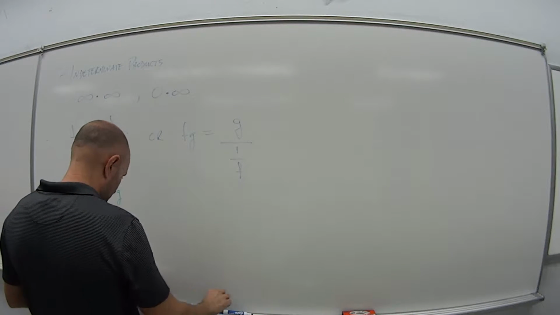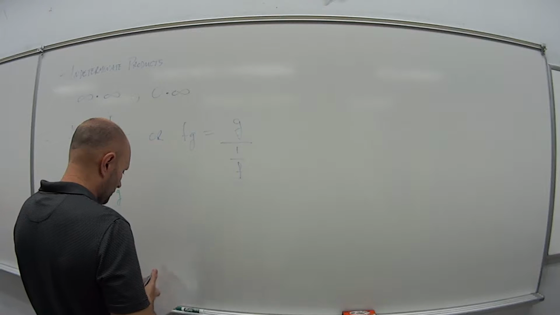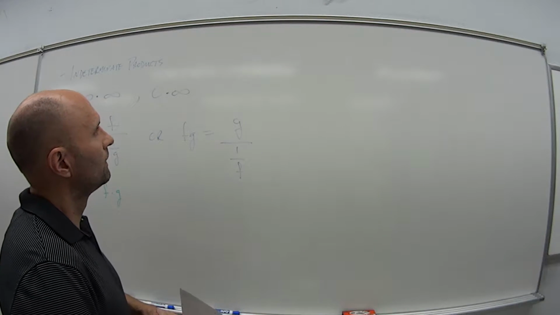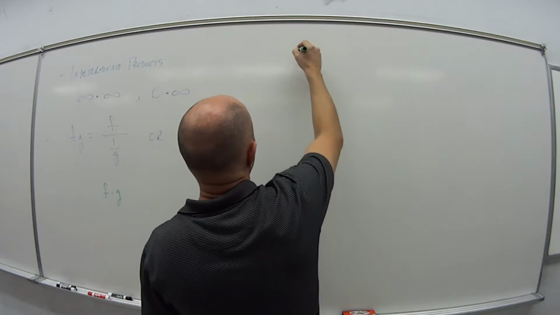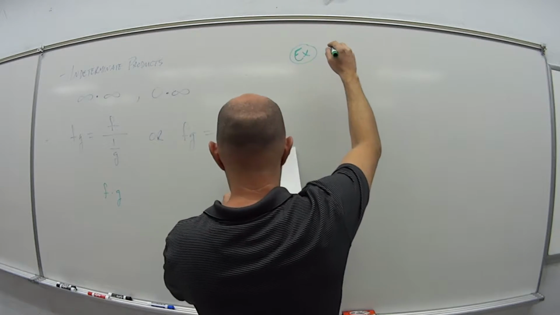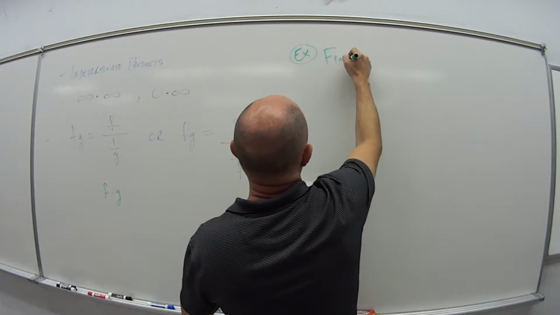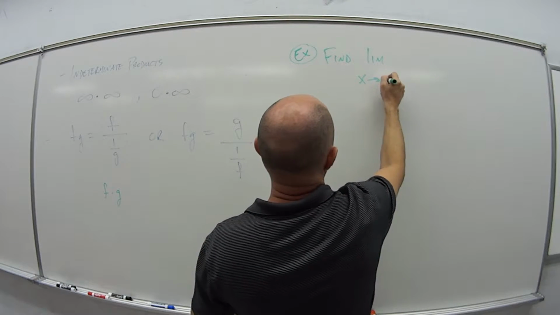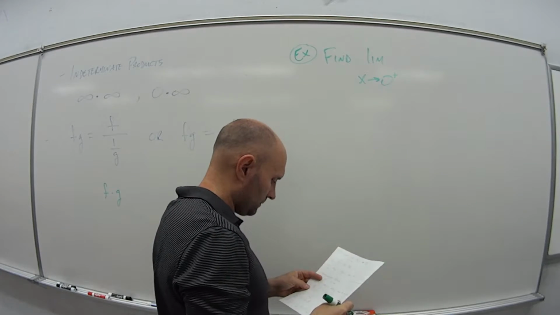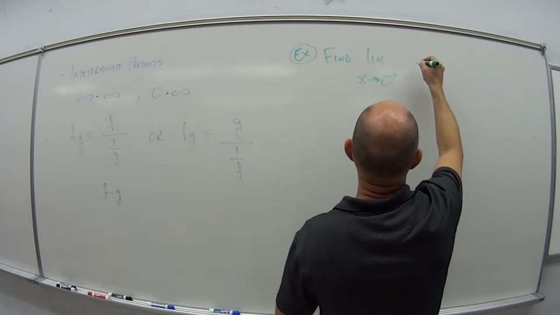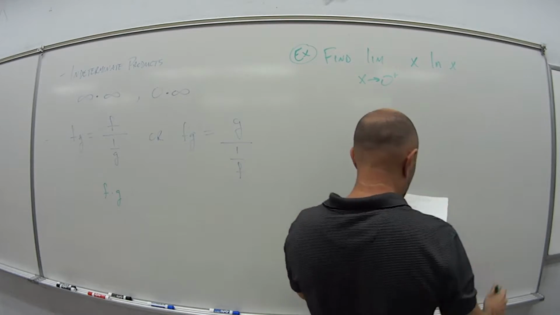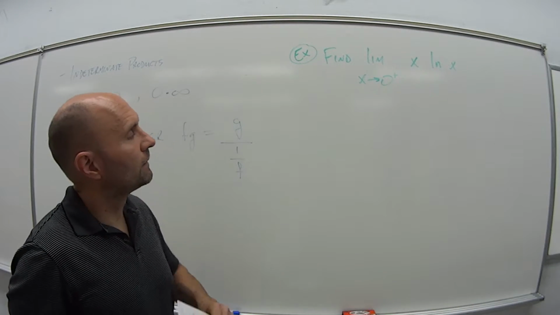Alright, so let's look at an example where this is going to be necessary. Let's say we want to find the limit as x approaches 0 from the right side of x times the natural log of x.